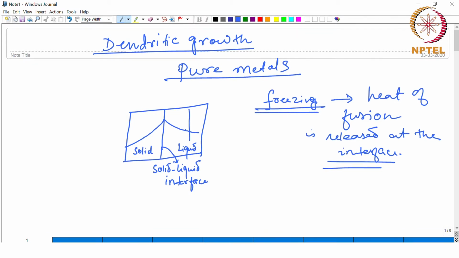So, due to this temperature profile, the solidification behavior or how this interface would grow as more and more solid forms, that will be influenced. So, let us see how this temperature profile is going to affect that growth of the solid across this interface.